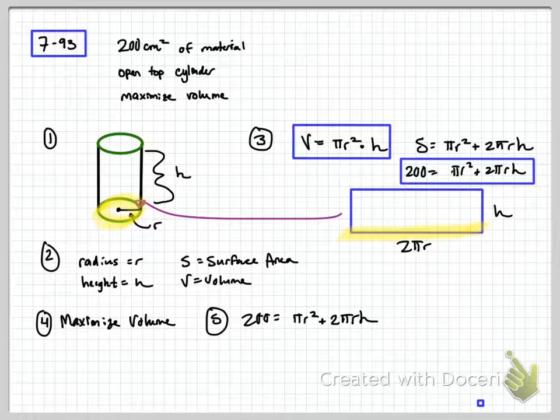Alright, so we're going to isolate, let's get h alone. Pi r squared.